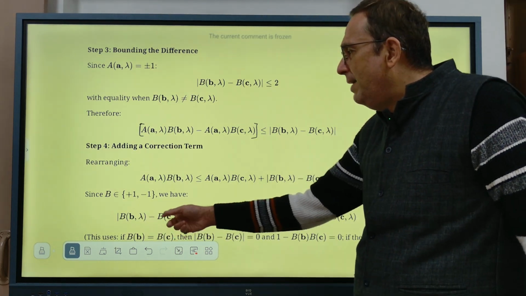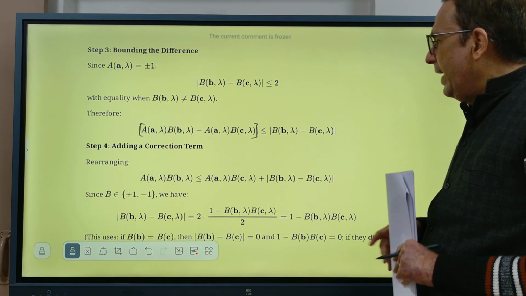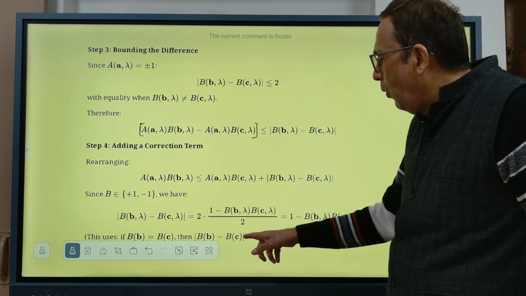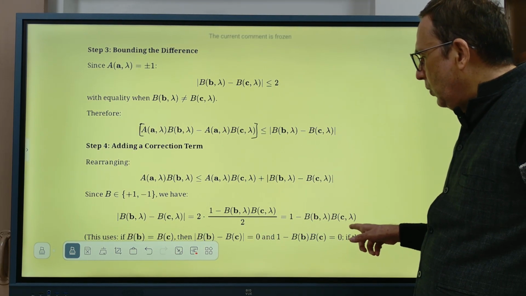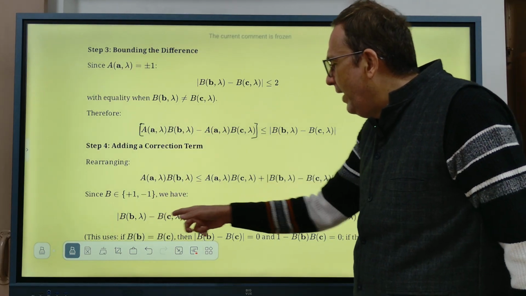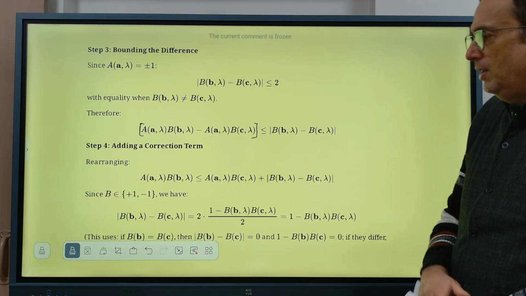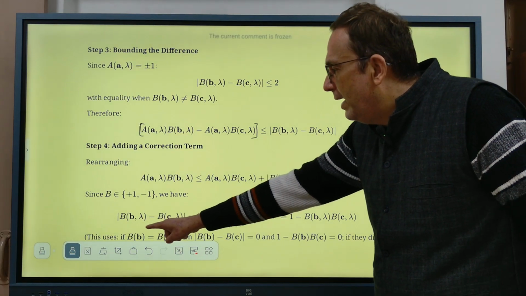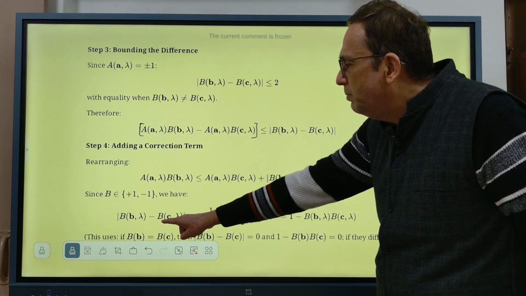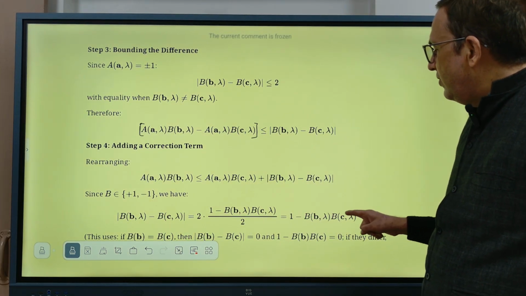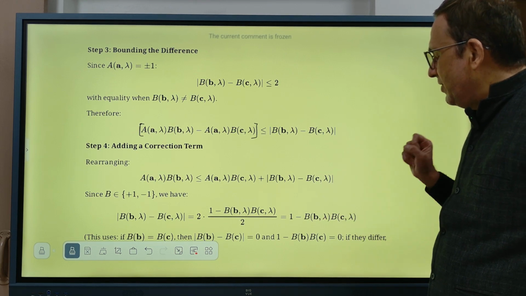If B at B and B at C have the same value, then the absolute value is 0 and 1 minus B at B times B at C is also 0. Otherwise, if they are different, you can match on both sides and you will get the same answer. So you can easily see that the absolute value of Bob's measurement in direction B minus Bob's measurement in direction C is equal to 1 minus Bob's measurement in direction B times Bob's measurement in direction C.